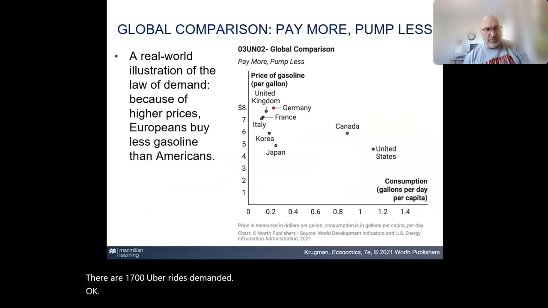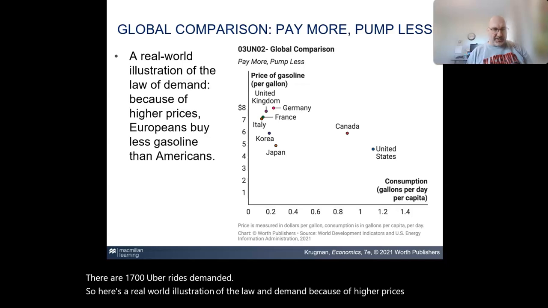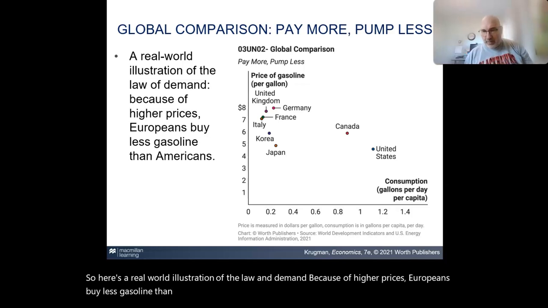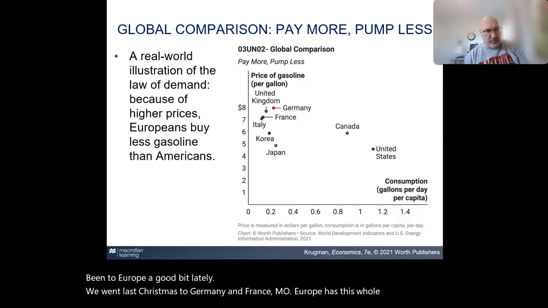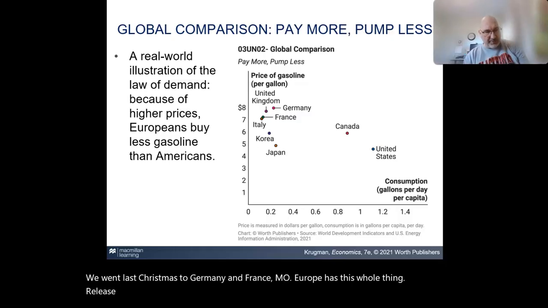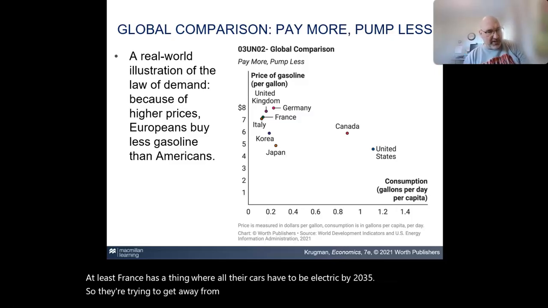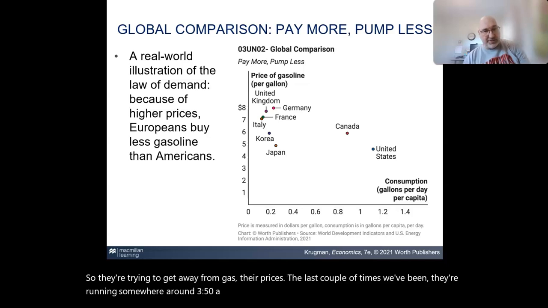So here's a real world illustration of the law of demand. Because of higher prices, Europeans buy less gasoline than Americans. I've been to Europe a good bit lately. We went last Christmas to Germany and France. France has a thing where all their cars have to be electric by 2035, so they're trying to get away from gas. The last couple of times we've been, their prices are running somewhere around 3.50 a liter. 3 liters to the gallon.